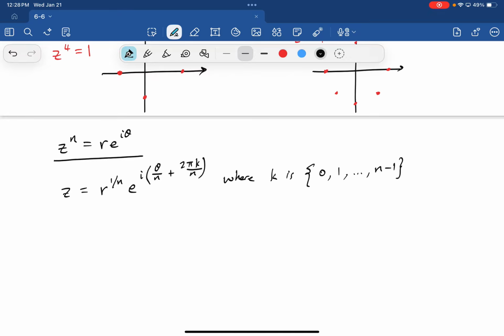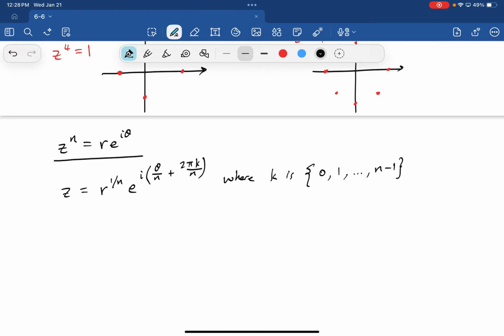And so k gives us our n solutions when we iterate between 0, 1, 2, all the way to n minus 1. That gives us our n solutions. It's very similar to how when we were solving sine and cosine equations, we had a plus 2 pi n. It's the same exact concept. We have to iterate in order to get all n solutions.